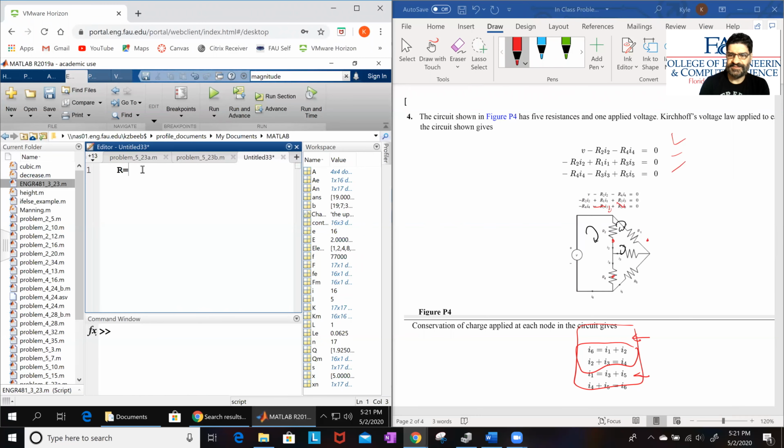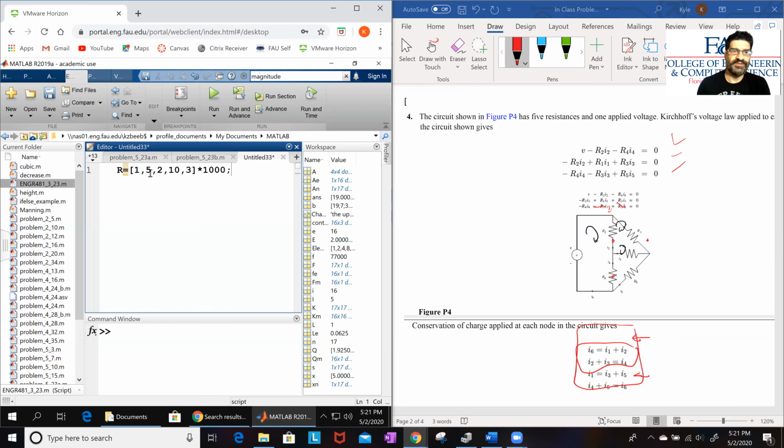The resistance is 1 and 5. It's an array, and 10, and also 5 times 1000, because it is kilo ohms.